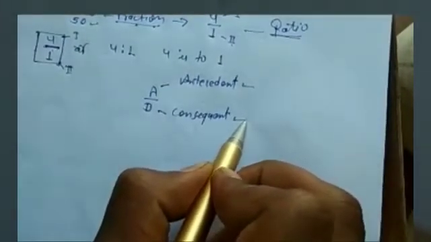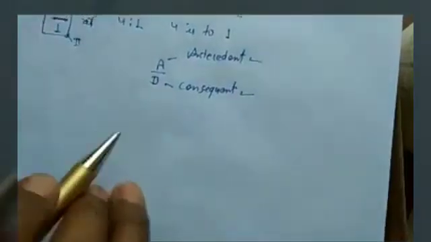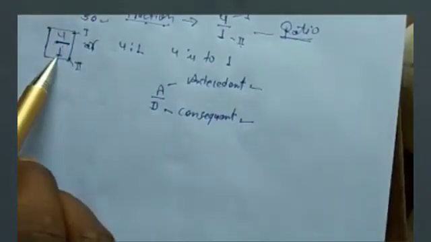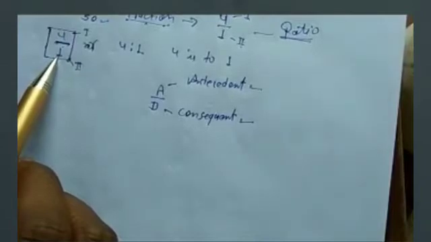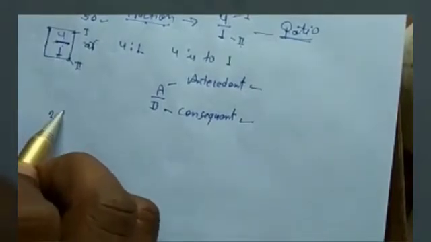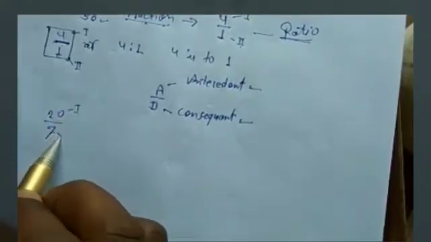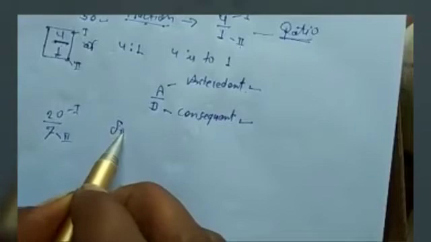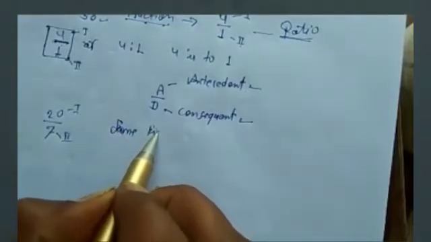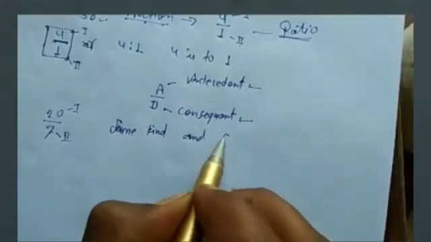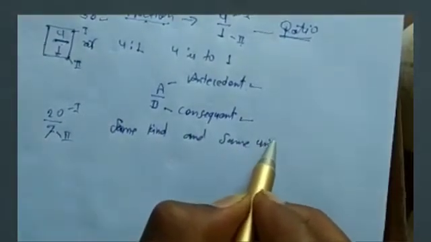One more important point related to the ratio is that both the quantities must be of the same kind and the same unit. Take an example, 20 upon 7. Both the terms must be of the same kind and same unit.